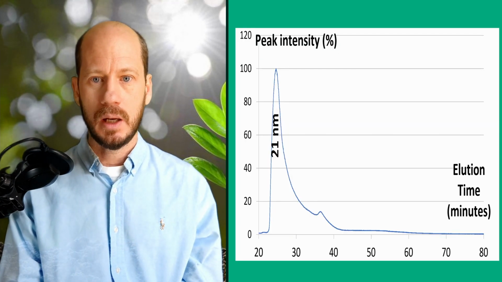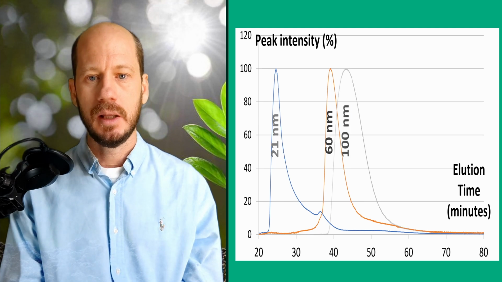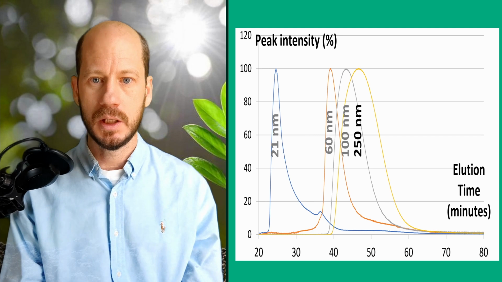Another thing that I need to mention is how do we know the correlation between the size of the particles that are being eluted on the field flow fractionation? We first run sulfate latex standards, and these give us peaks, as you see here on this animation.